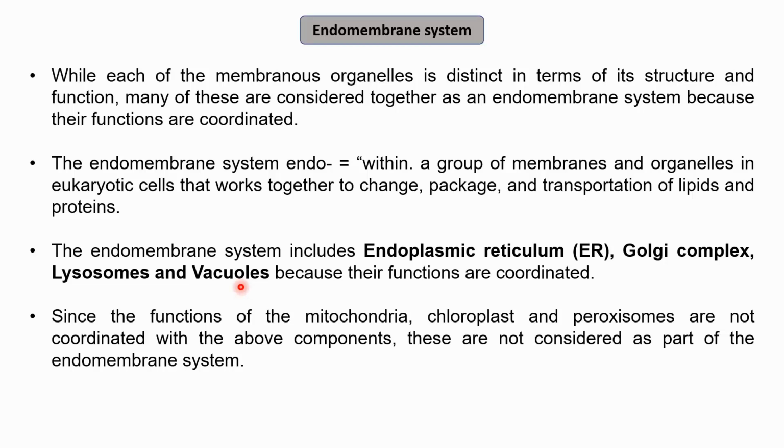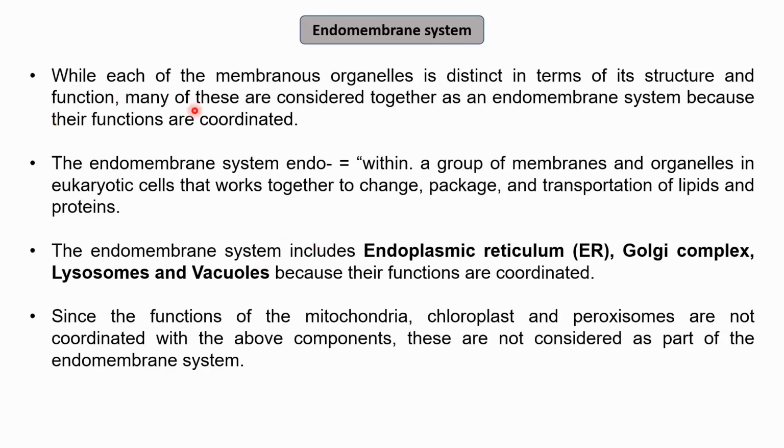So while we talk about the different organelles present in the cell, there are some organelles that function in coordination with each other. Those organelles that function in coordination with each other and are mainly composed of a similar kind of membrane are brought under a bigger umbrella term, the endomembrane system.